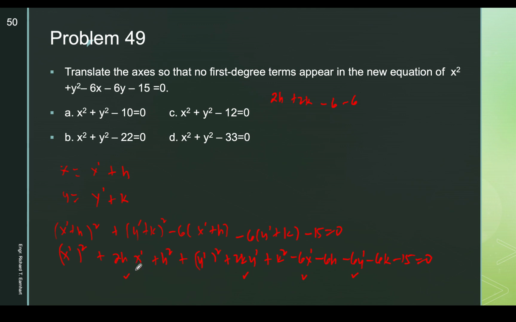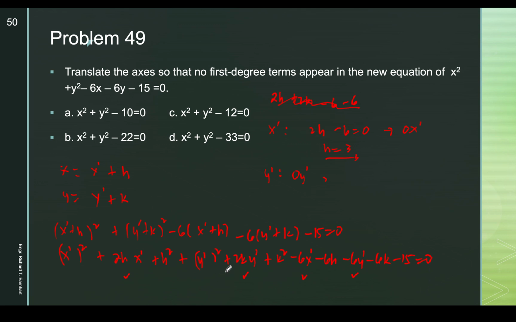For x prime, no? Sorry. For x prime, the coefficients are 2h and minus 6, and then equate to 0. So that gives you 0 x prime, and h is therefore 3. And for y prime, so 0 y prime.